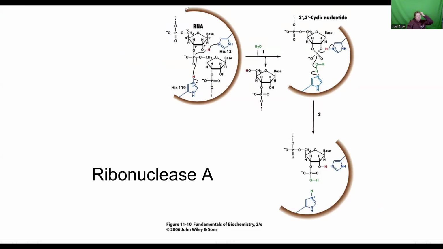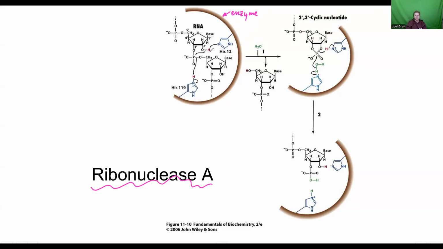We've got this three-quarter circle or semicircle that's a brownish color. Think about this as our enzyme, basically our polypeptide, the amino acids that make up this enzyme known as ribonuclease A. Now, does this image show all of the amino acids?